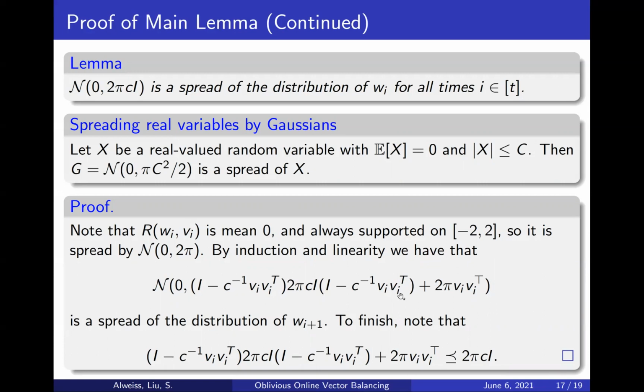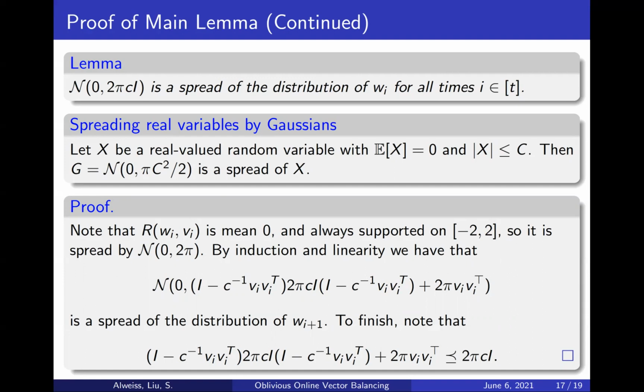This corresponds to the first term. The second term coming from the r(w_i, v_i) is spread by N(0, 2π v_i v_i transpose). It turns out you can add these due to some appropriate constraints. It turns out the distribution N(0, this ugly expression) is the spread of w_{i+1}.